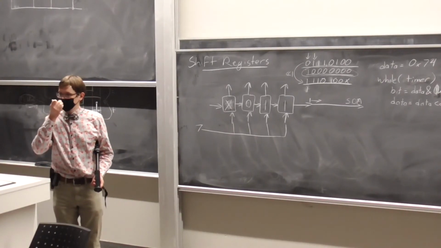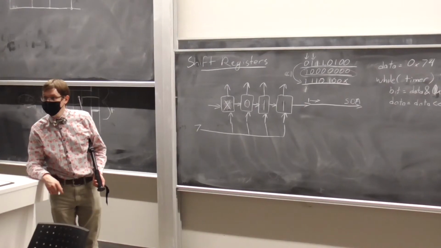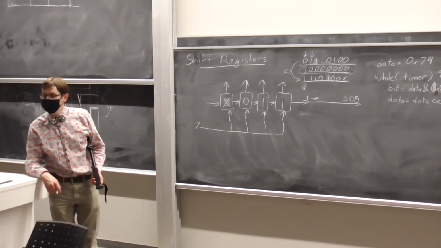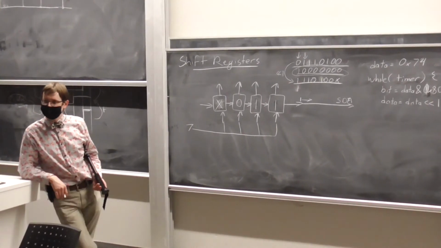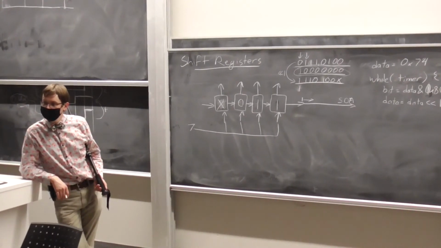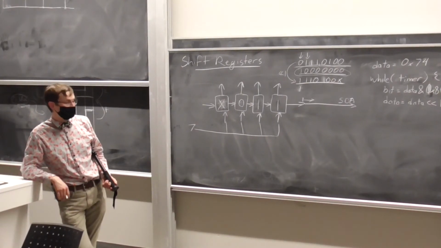Question? Is there a relation between the number of flip-flops in a register and the total size of the packet you send? There doesn't have to be. Okay, so you could have just 4 and you're sending 32-bit packets, you just have to reload it a lot faster. Yeah.